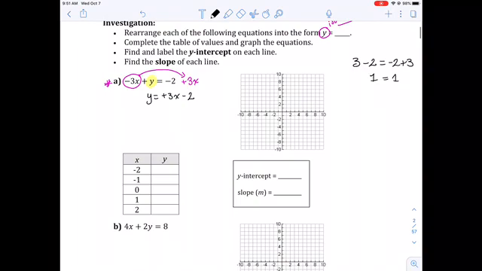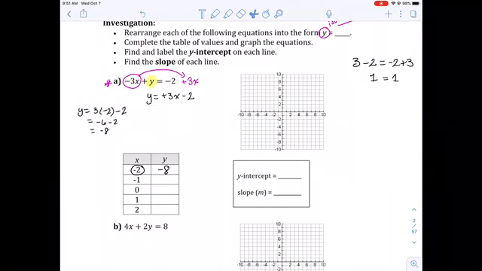I want to then plug these values in. So when x is equal to negative 2, I get y is equal to negative 6 minus 2, which is negative 8, okay? We'll just do this on the side.